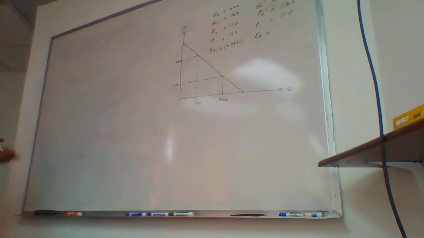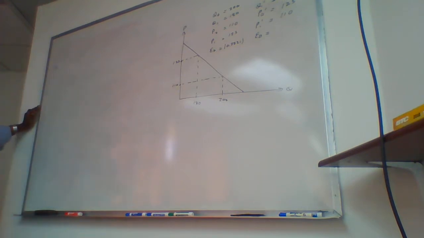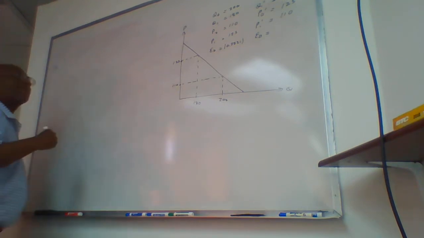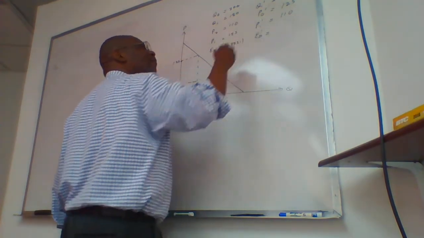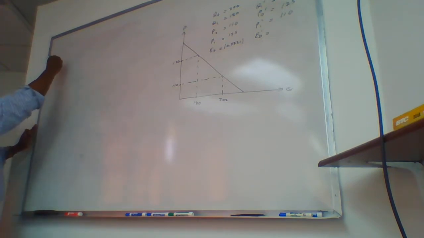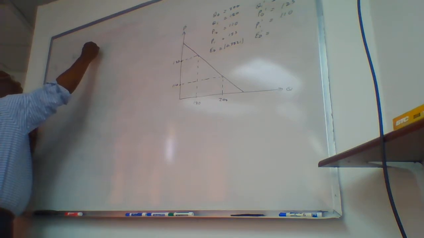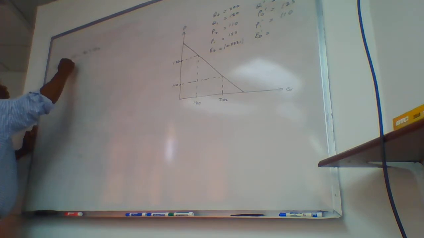All right. I mean, we got time. So, let's call it our new elasticity, ED1. We have P's and Q's, so we need the expanded version. And the expanded version is Q1 minus Q0 divided by Q0 over P1 minus P0 divided by P0.